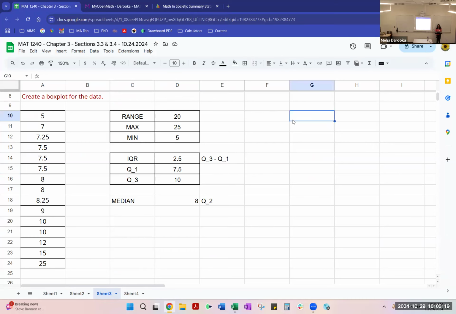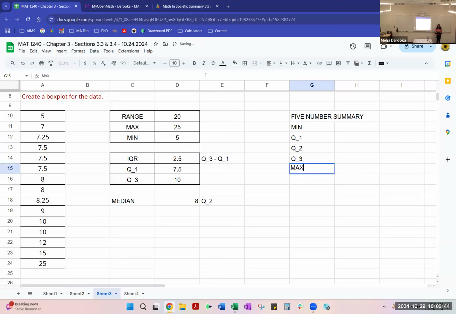So if we did the 5-number summary, you have the minimum value. You have quartile 1.